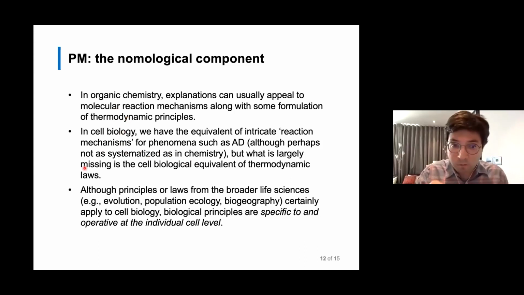What I should also note here is, of course, in biology and cell biology, we have evolutionary laws, we have laws from ecology, we have laws from geography, and they are important. But in chemistry too, we have laws of quantum physics. They don't apply directly. We have to have molecular orbital theory. We can't use atomic orbital theory directly in chemistry. We have to use a chemistry-related law.